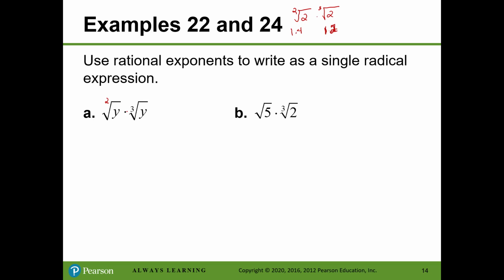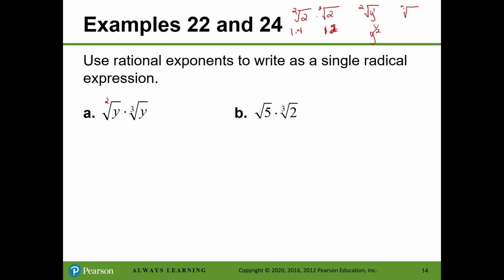But if I rewrote them, the square root of y can be rewritten as, remember that y is a power of 1, y to the power of 1 over root of 2.